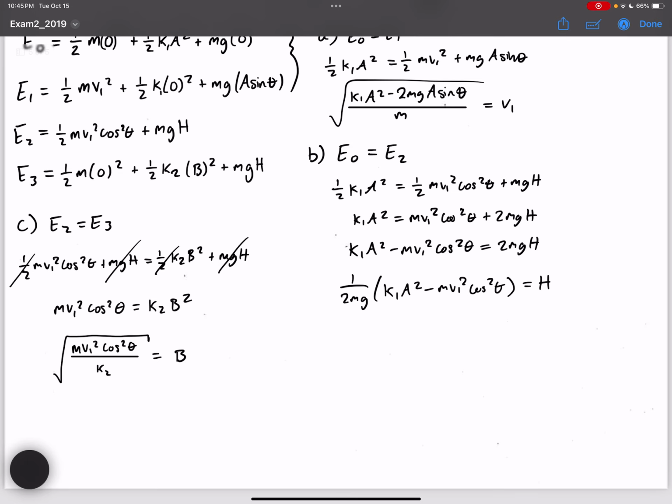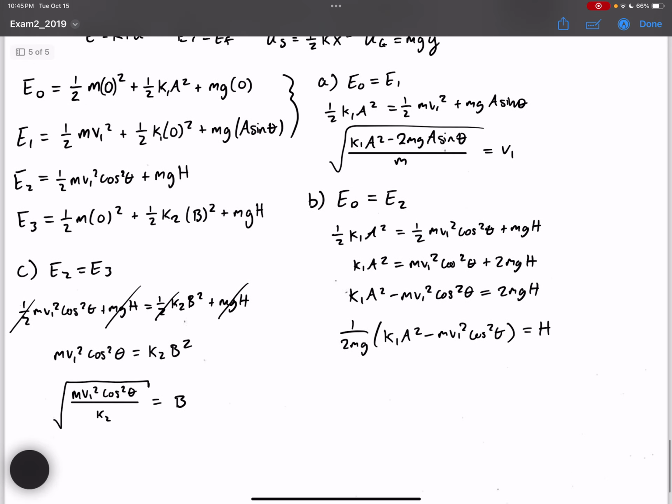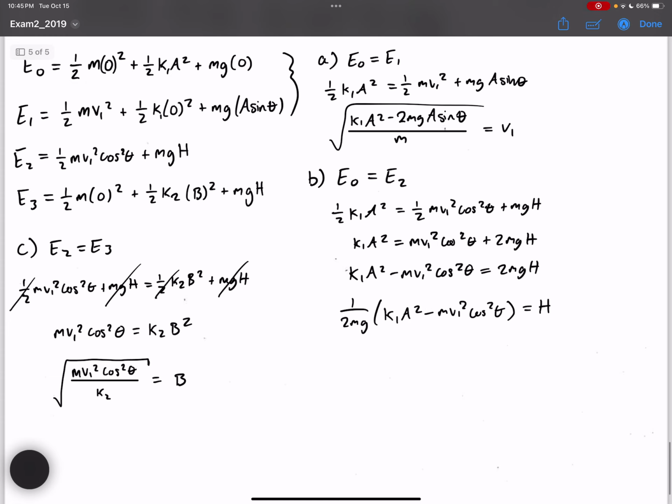So m v1 squared, I mean, that's not necessarily that important, because you can just plug those values in.